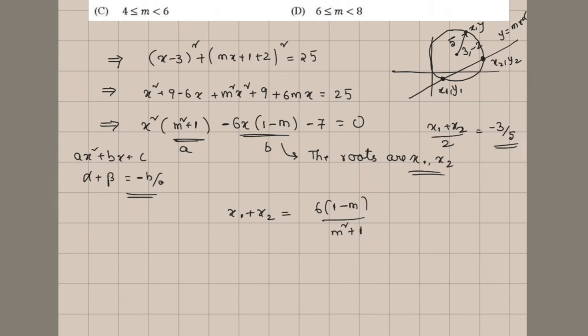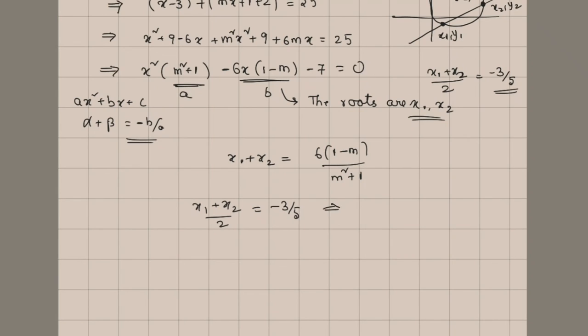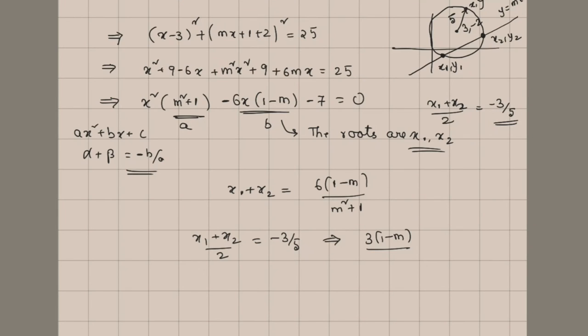So (x1 plus x2) by 2 equals minus 3 by 5, which gives 3 into (1 minus m) by (m square plus 1) equals minus 3 by 5. 3 gets cancelled. You get m square plus 1 equals 5 into (m minus 1).